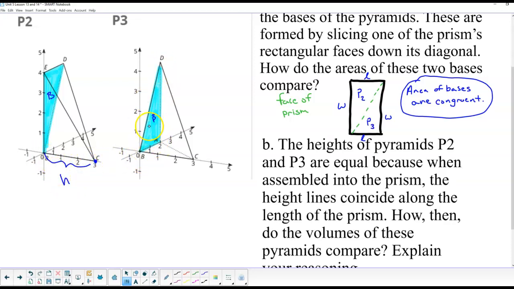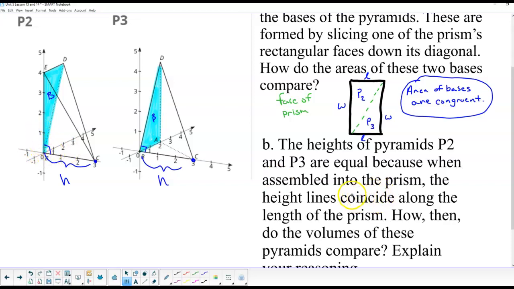And notice if I called the base on P3 this blue highlighted area, then its height is also the length for C, because this is formed at a perpendicular 90-degree angle.